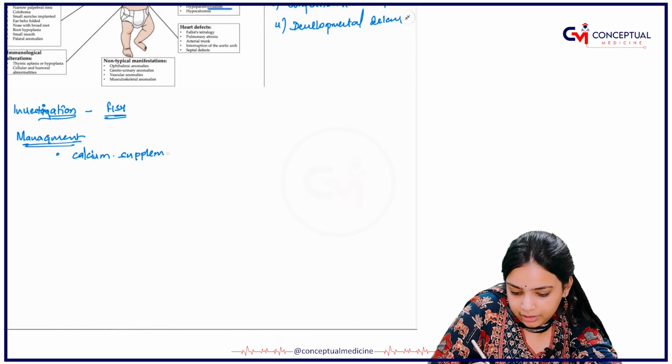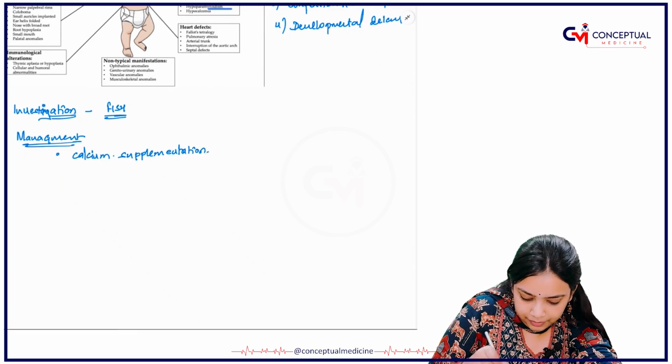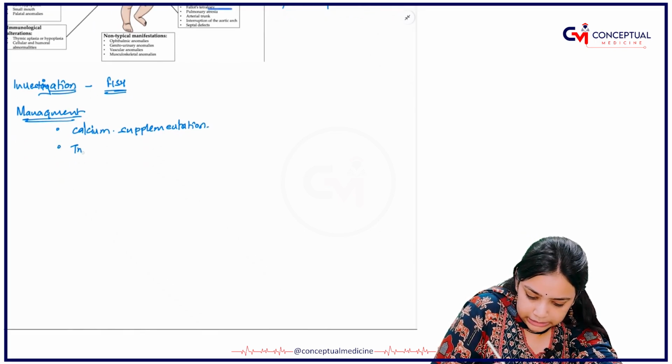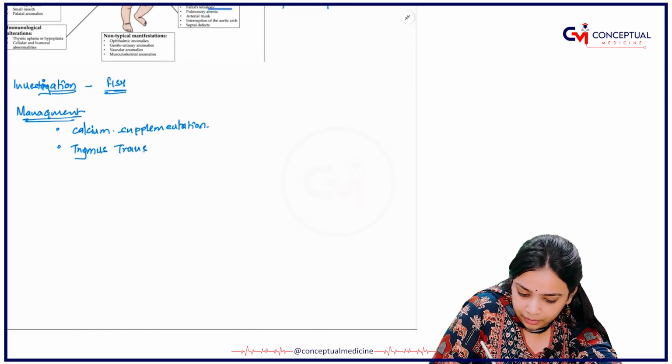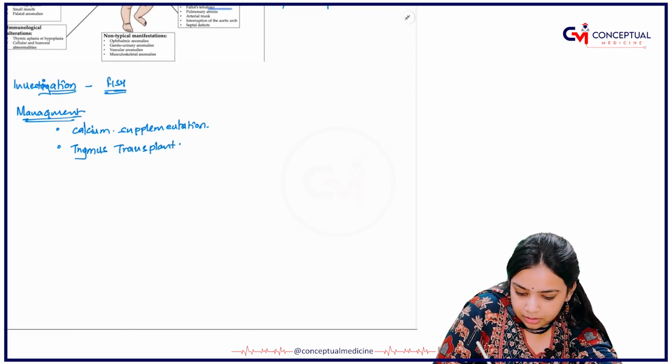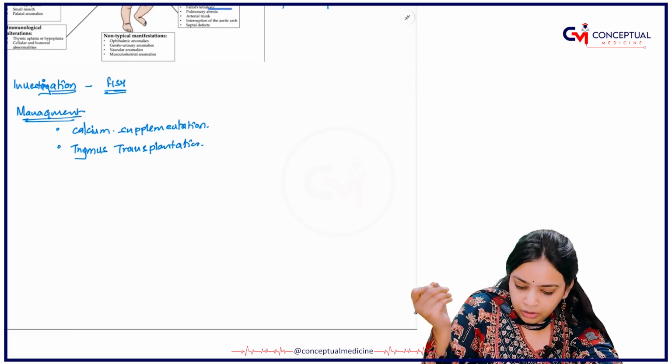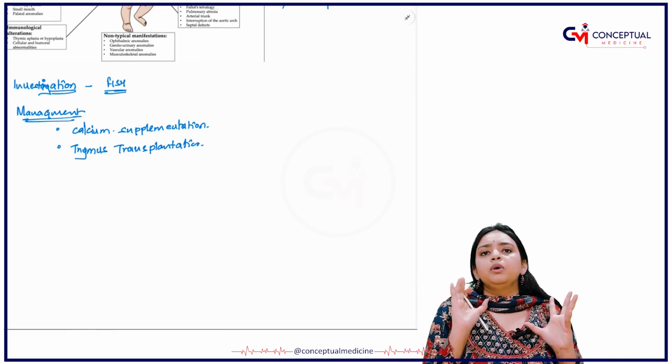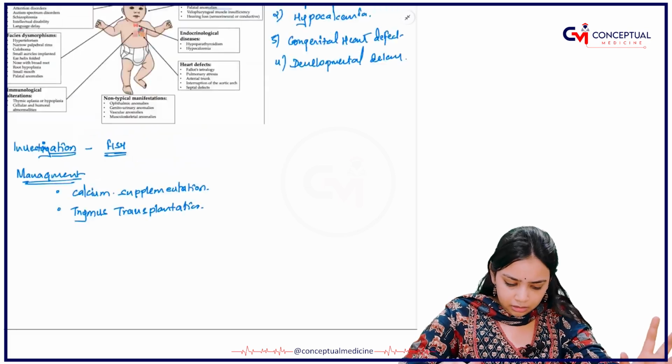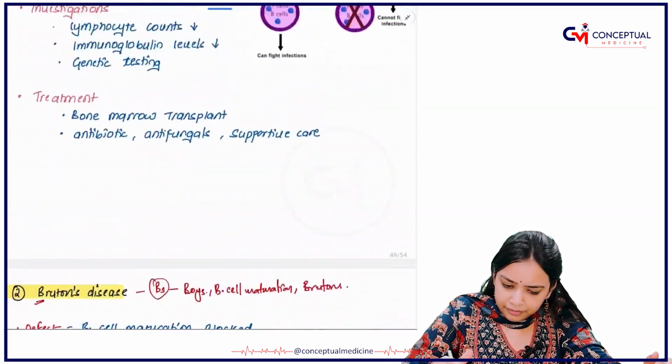We will give the calcium supplementation. And what else we will give? We will do the thymus transplantation. So this was all about the primary syndromes that you have, right?